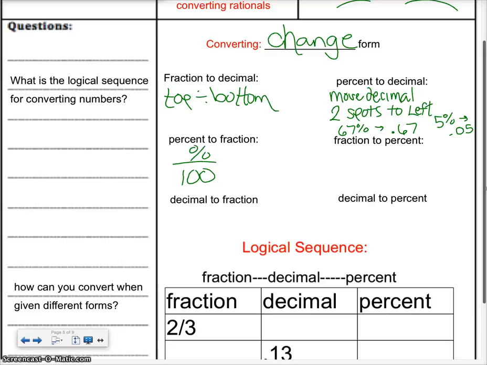Fraction to percent. Carter? You divide the numerator by denominator and move the decimal 2 spots to the right. Yep, so I'm going to go top divided by bottom, and then move 2 spots to the right.